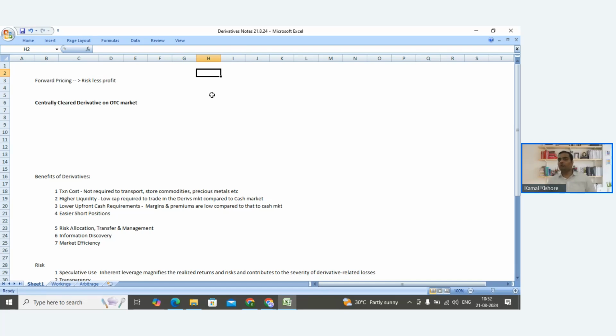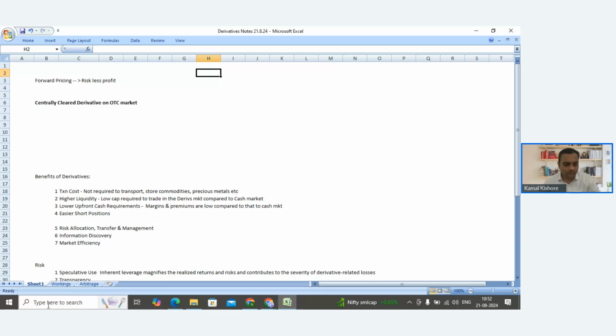Two different products can have different prices, but if it is the same product, then it cannot have two different prices. That is the law of one price. Your entire understanding of forwards and futures lies on this law of one price.